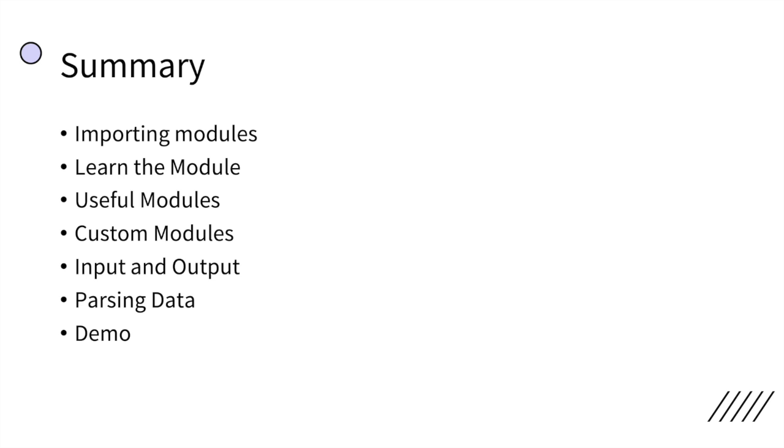We've learned that we can build our own custom modules with our own classes, methods, and functions into them, and then we can import those modules as we do any other Python package or one that we downloaded. And then we've gone over parsing data, which was really an introduction to the different data formats that you're going to see, such as CSV, JSON, XML, and YAML.